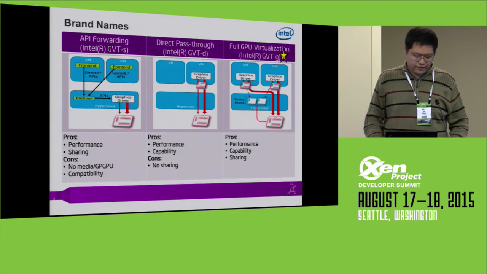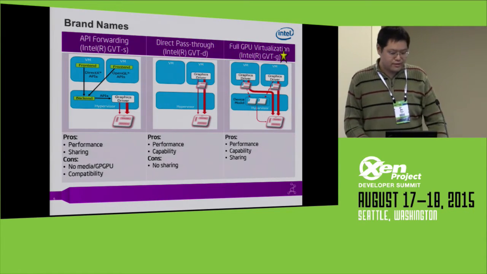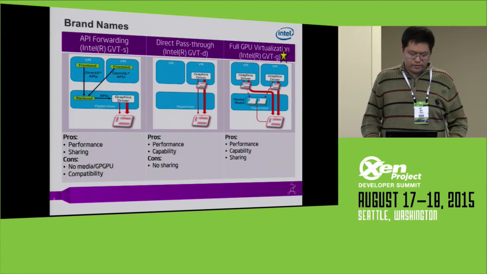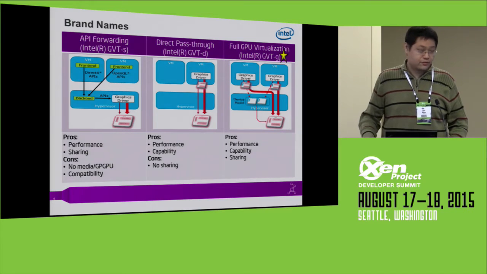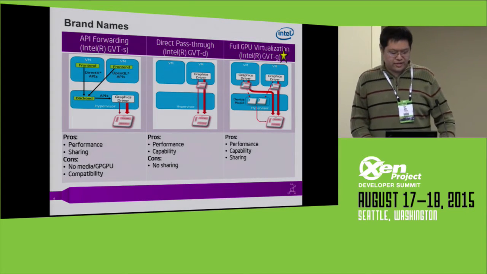First, let's talk about the brand name. For now, Intel has announced 3 brand names for graphics virtualization technology. The first one is the very traditional API forwarding approach, and Intel also provides a solution for it, and its brand name is Intel GVT-s.